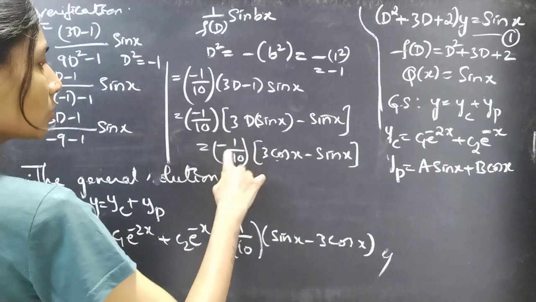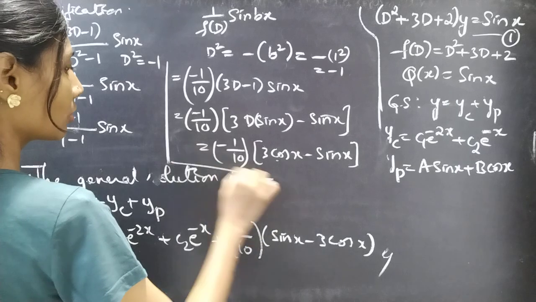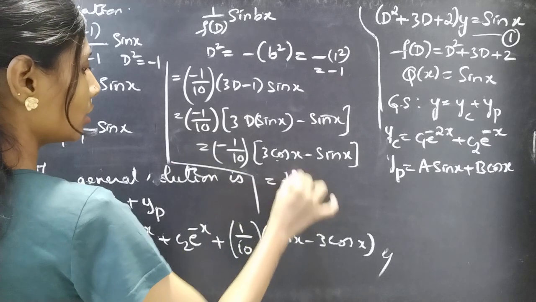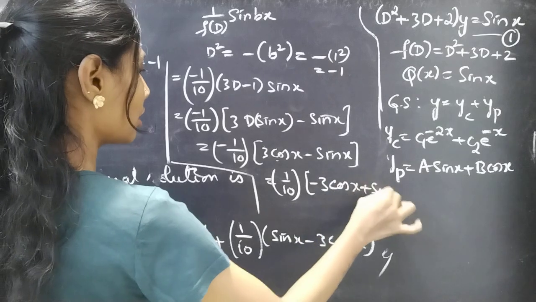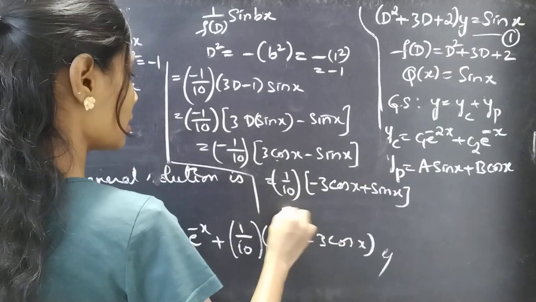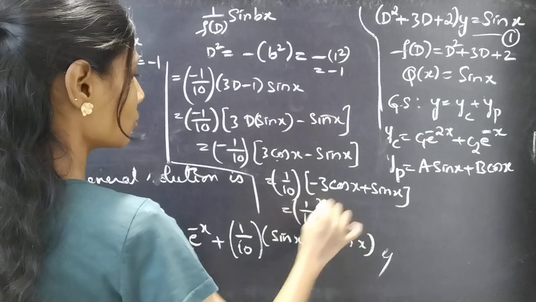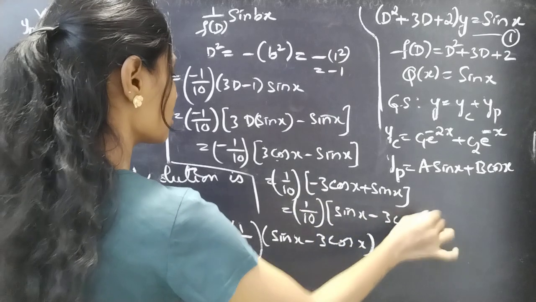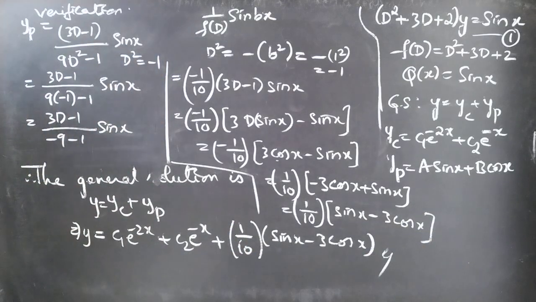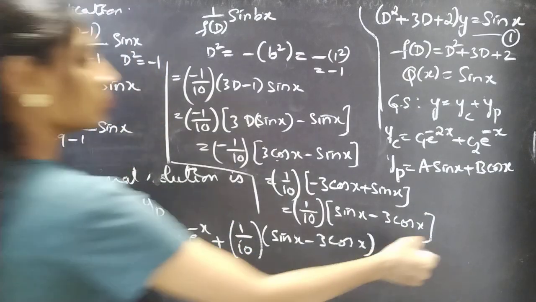Just multiply these two terms with this minus, then you'll get 1 by 10 into minus 3 cos x plus sin x. You can write this as 1 by 10 into sin x minus 3 cos x. This is what we got, right? So our yp is correct.